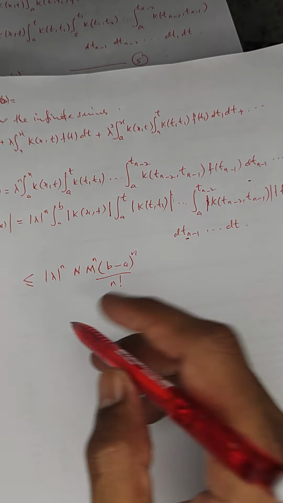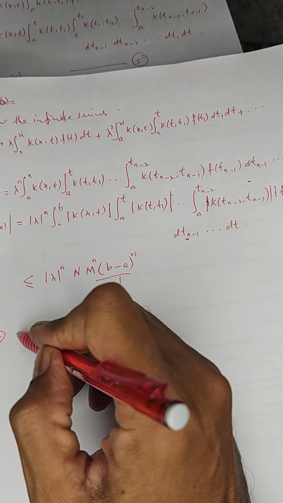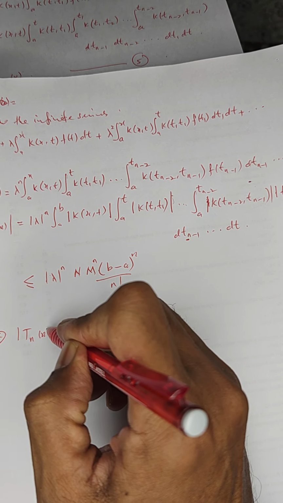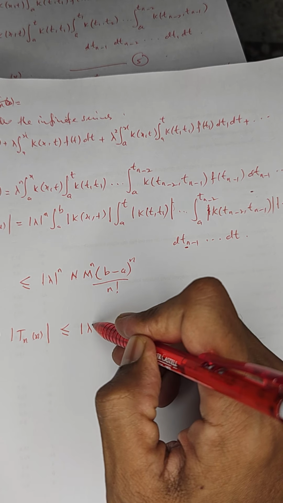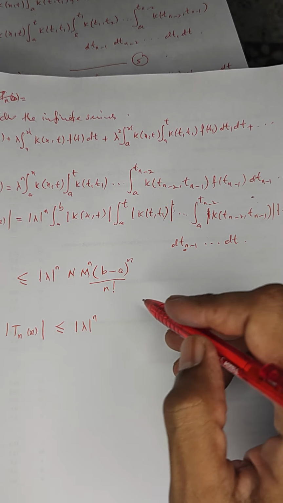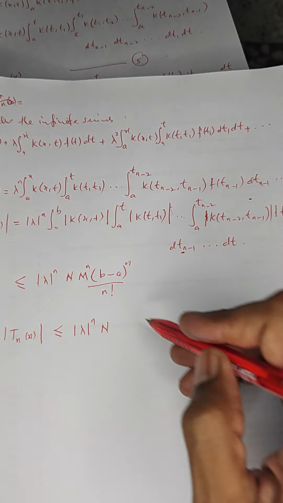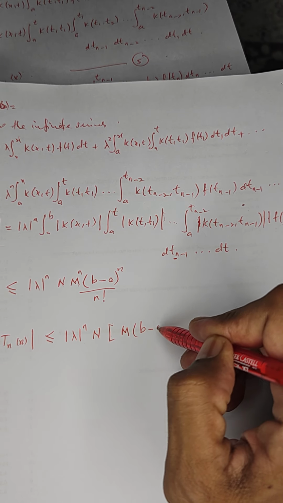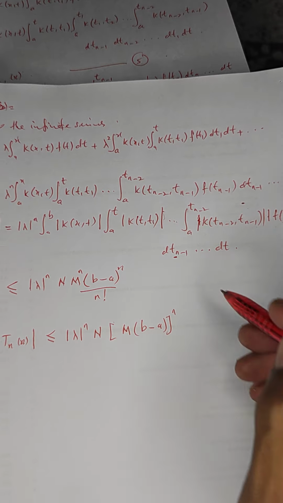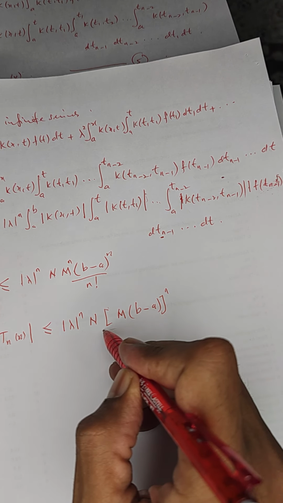So what we have now is that Tn x is less than n lambda n, we have m (b minus a)^n over n factorial.